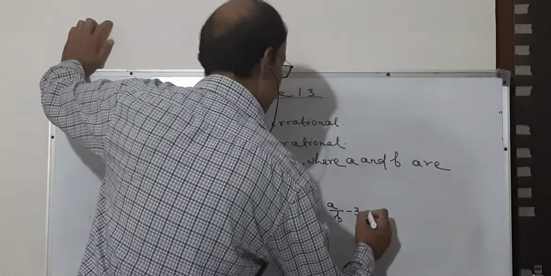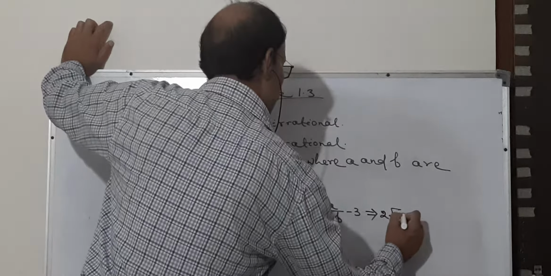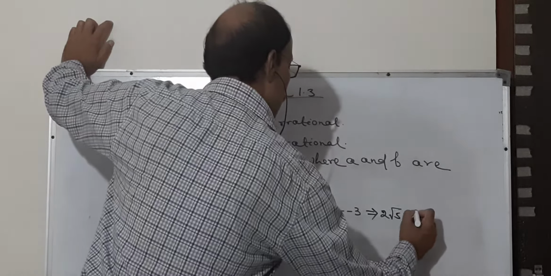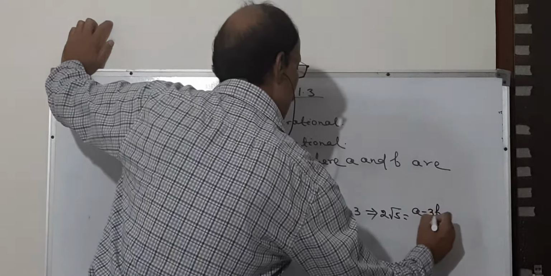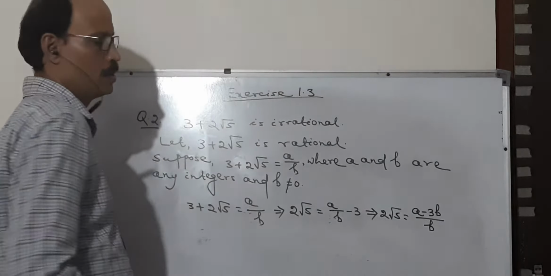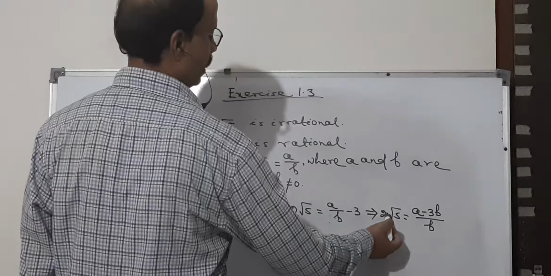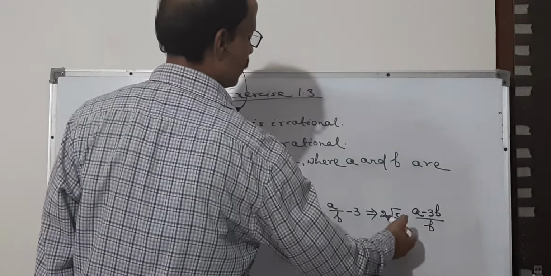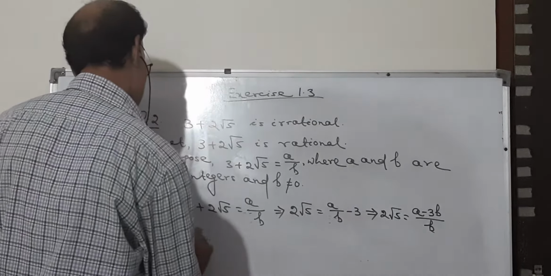It will be 2 root 5 equal to a minus 3b upon b. So now here it is 2 and here it is in multiplication, so we have to take it to that side, so it will be division. So what will it be?